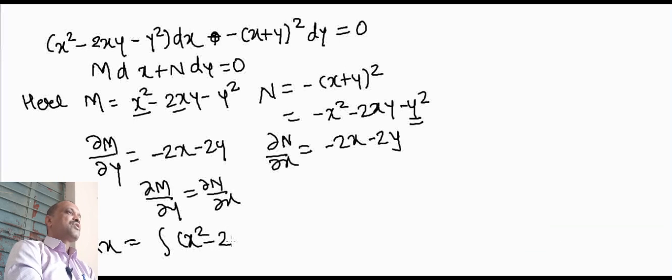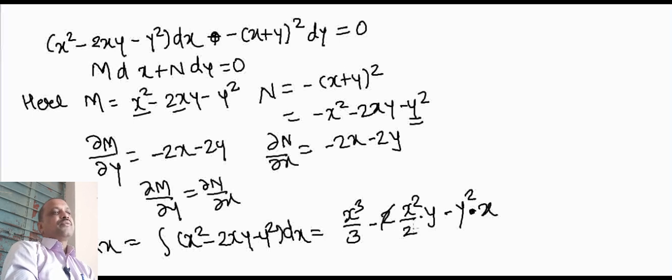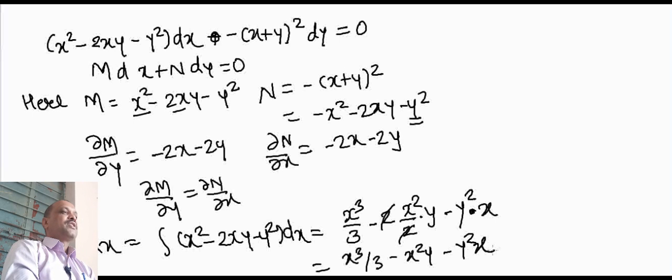The integration of x square minus 2xy minus y square into dx gives x cube divided by 3 minus 2 x square divided by 2 into y, y is constant, minus y square, y square is constant, into x. The 2 cancel and we get x cube divided by 3 minus x square y minus y square x. This is the integration of M.